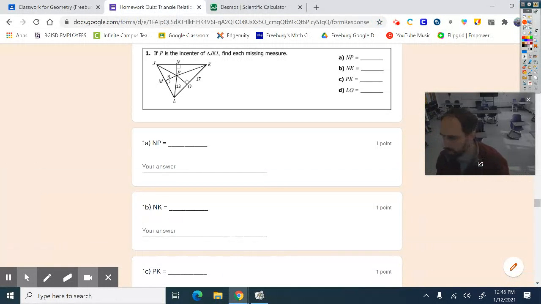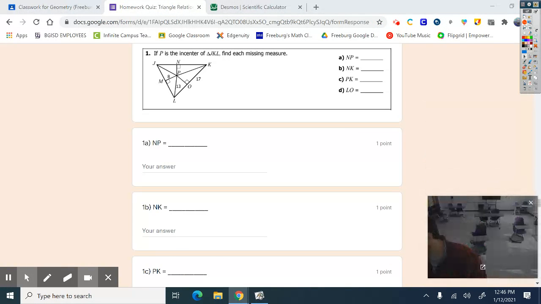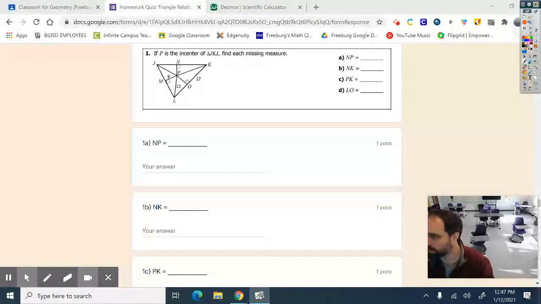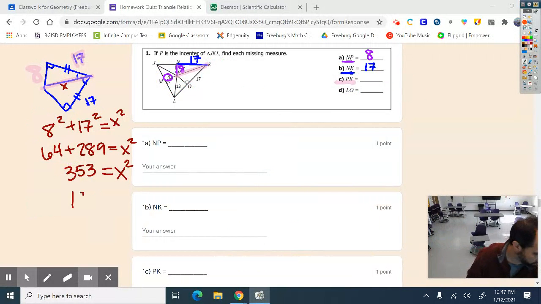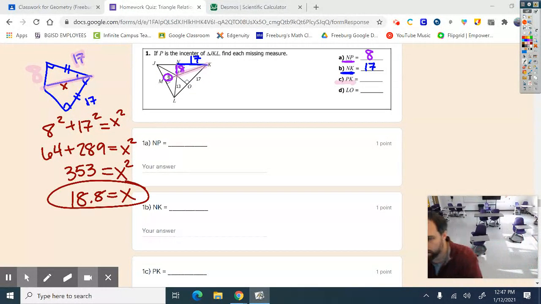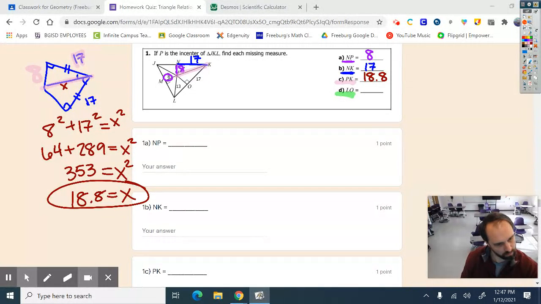Okay, coming back here. Put that back down. All right, so 18.8 is our x value. Okay, so 18.8, and then to find our LO, this part here, this is then again using Pythagorean theorem.